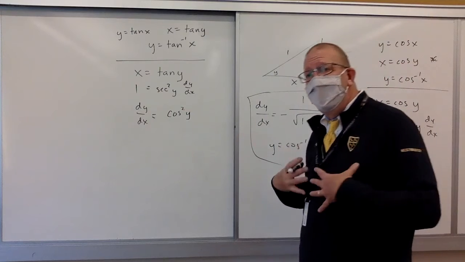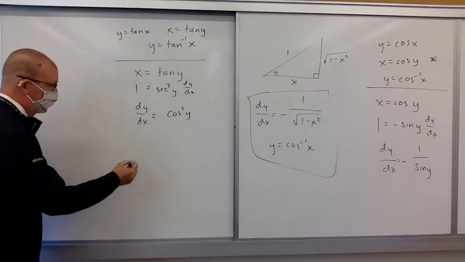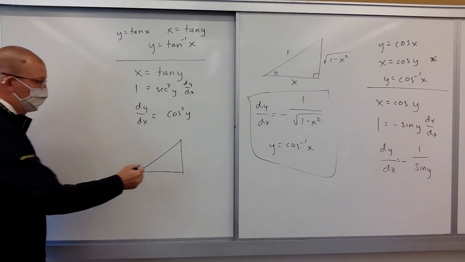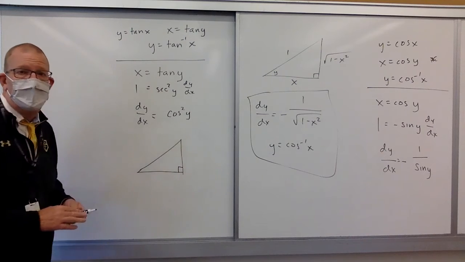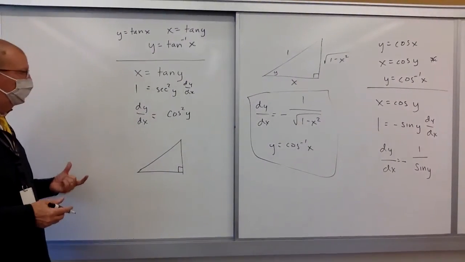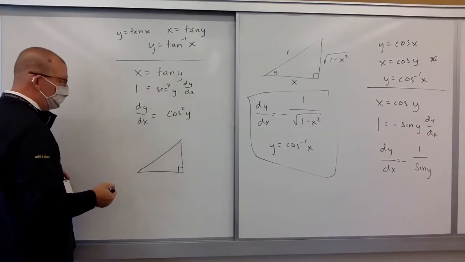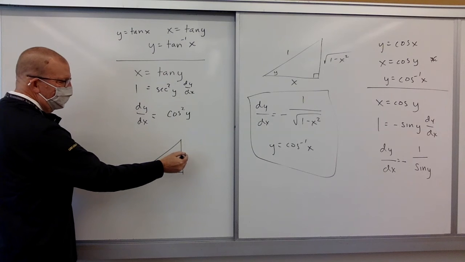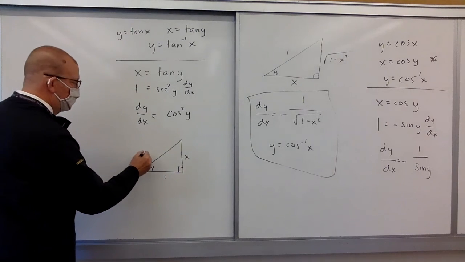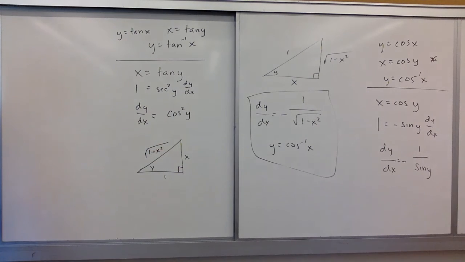Fine. But now let's say I want to represent this in terms of x. Well, let's do it. Here's our right triangle. All right. And then we say, okay, x equals tan y. So tan y is x over 1, opposite over adjacent, which gives us root 1 plus x squared for the hypotenuse.